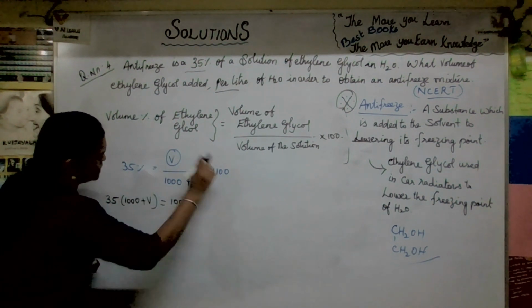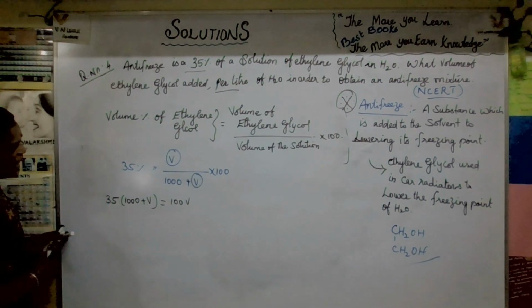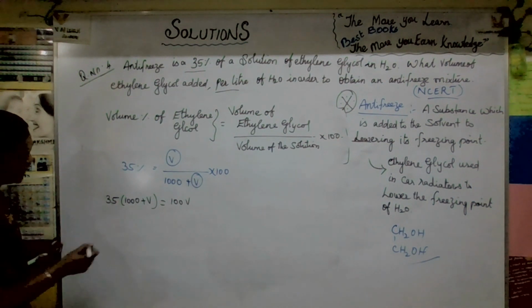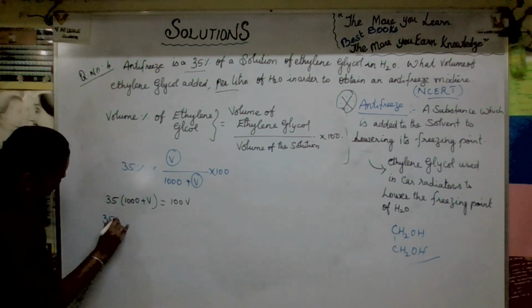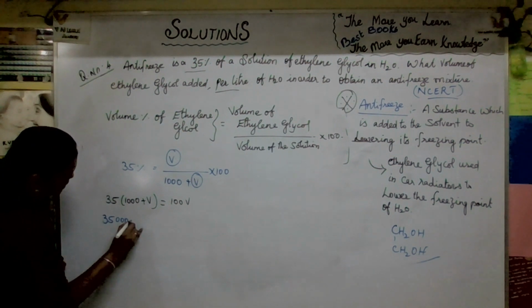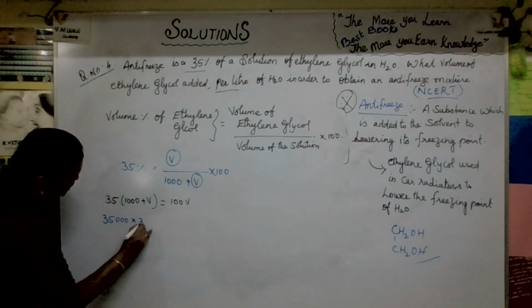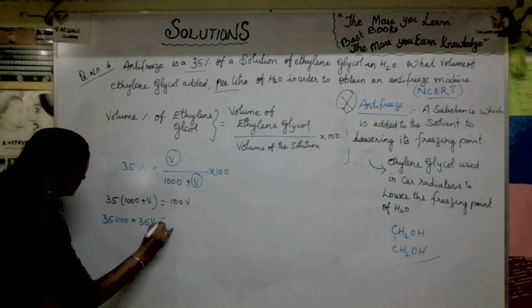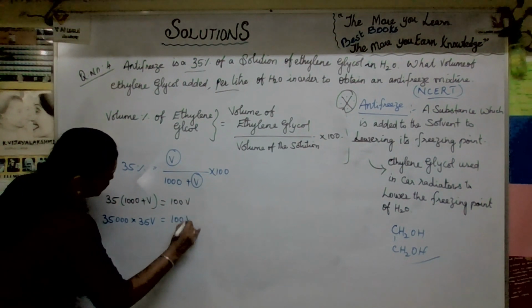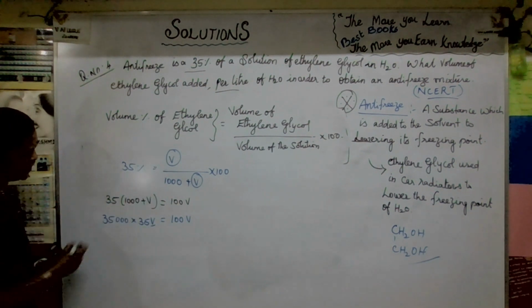So let us calculate this. Okay, now what is the value? You will get 35,000 plus 35 V is equal to 100 V. V means volume, right?